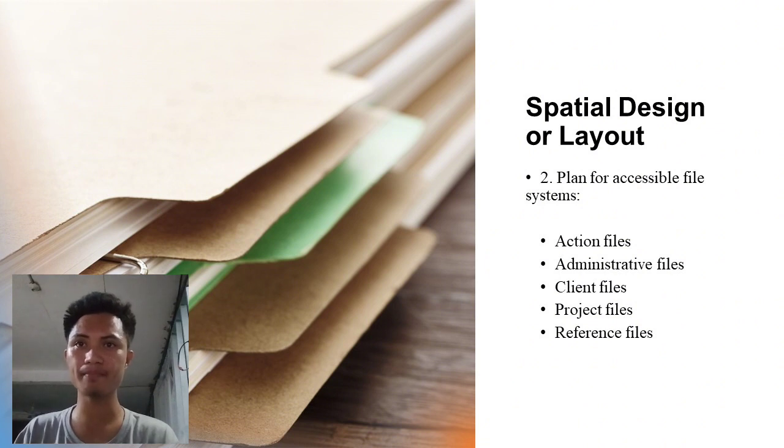Use descriptive names that make it easy to identify the content of each file. Access permissions: ensure the access permissions are assigned appropriately. Not all employees may need access to all action files, so limit the access to authorized personnel.